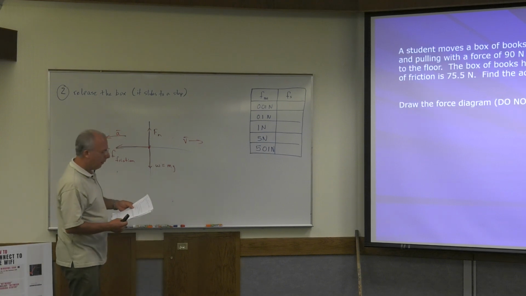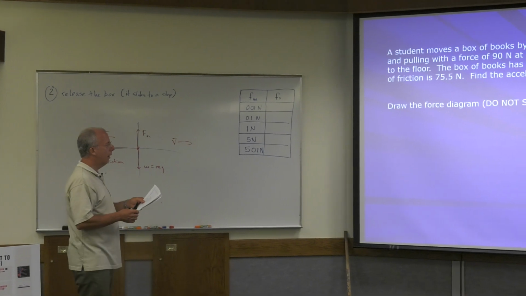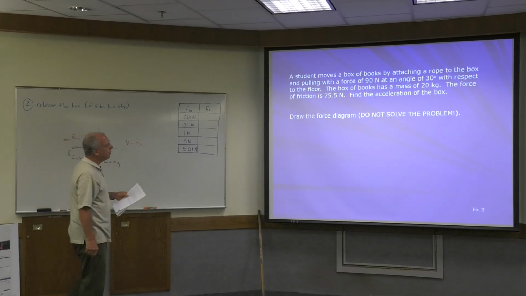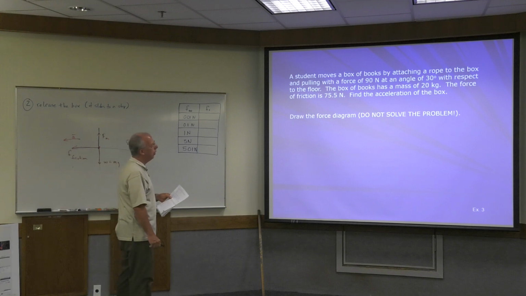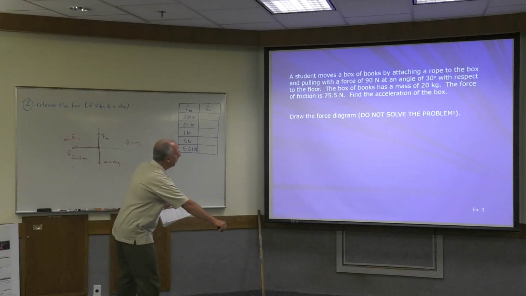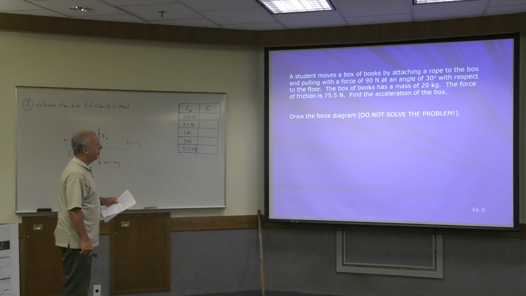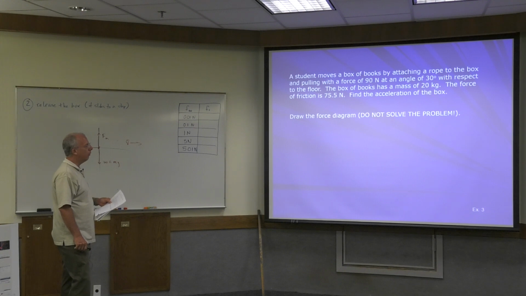Is that number 3? Yep, sure is. A student moves a box of books by attaching a rope to the box, pulling with a force of 90 newtons at an angle of 30 degrees with respect to the floor. The box of books has a mass of 20 kilograms, and a force of friction 75.5 newtons. Find the acceleration of the box.